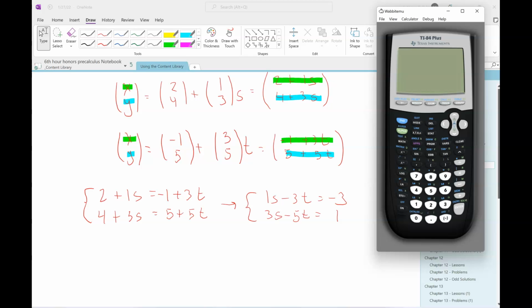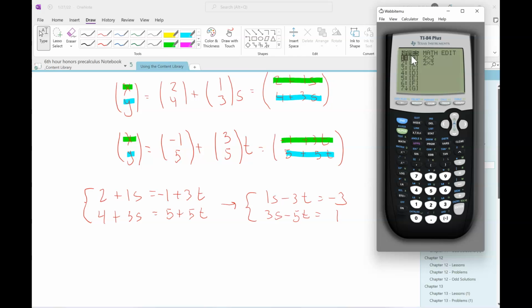So if you want to follow along, you can take out your calculator. All right, so we'll start by going into the matrix menu. So I'm going to press second and the x to the negative 1 button to open the matrix menu.